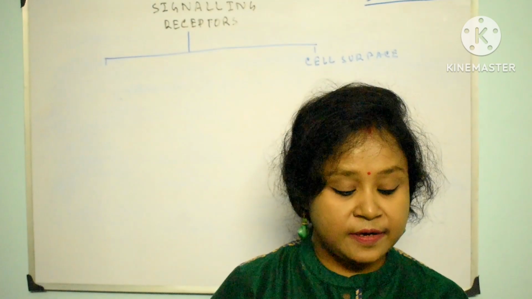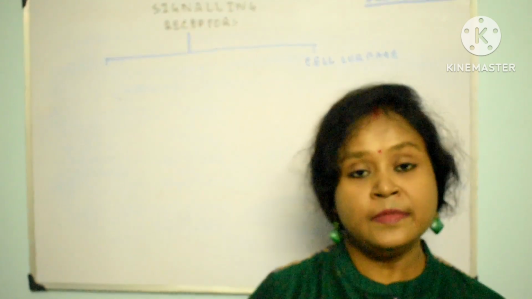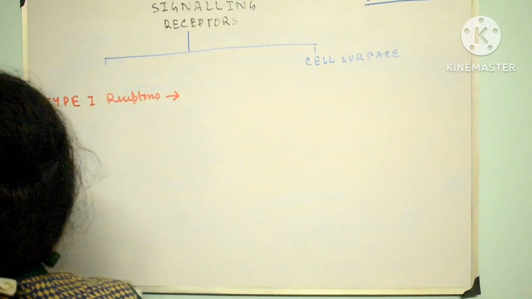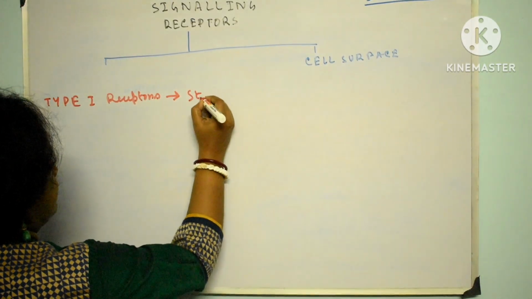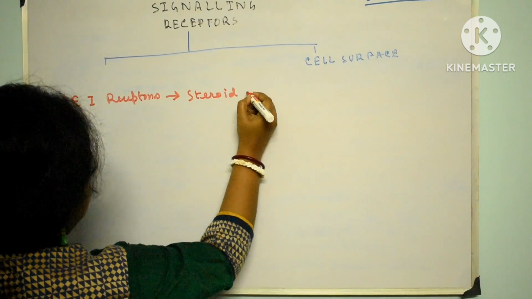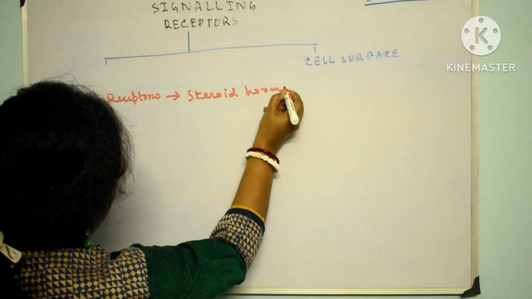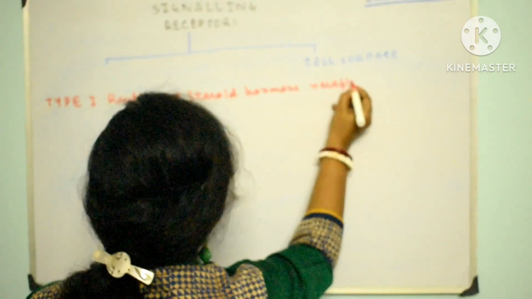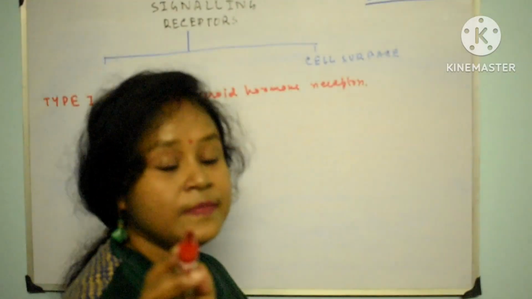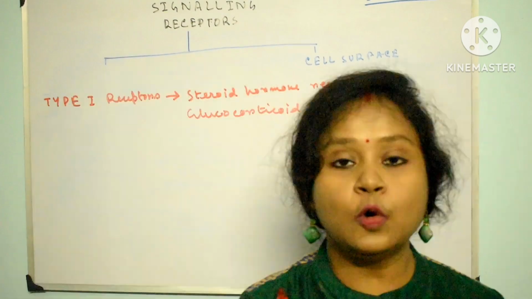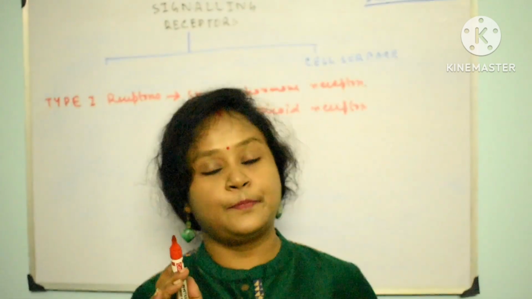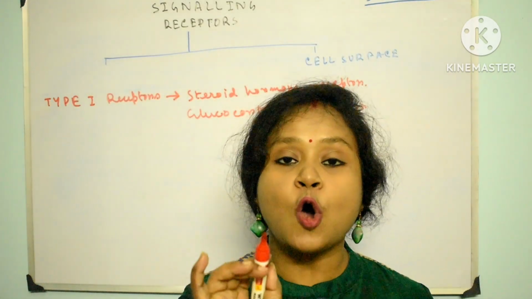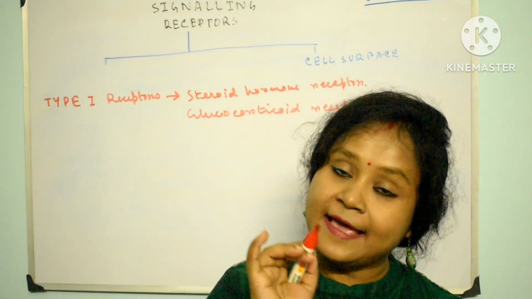Now let's look at some extra information about type 1 receptors. Type 1 receptors are all steroid hormone receptors. Example, the glucocorticoid receptor. This glucocorticoid receptor is present in the cytoplasm, complexed with heat shock protein 90, HSP 90.